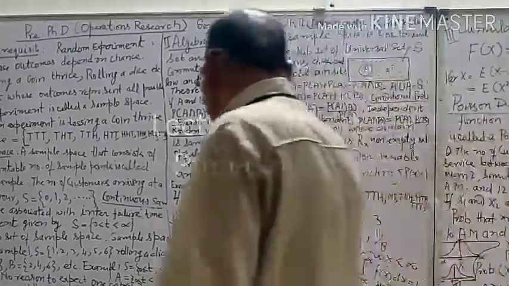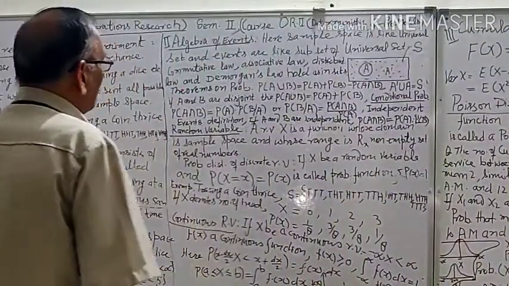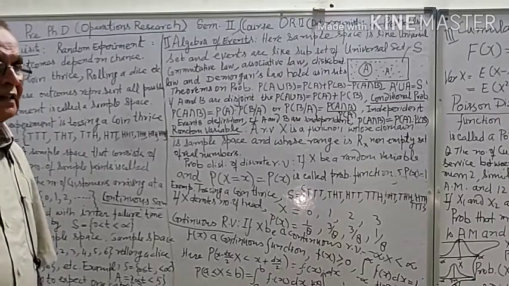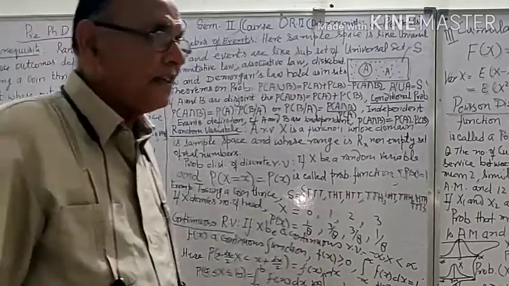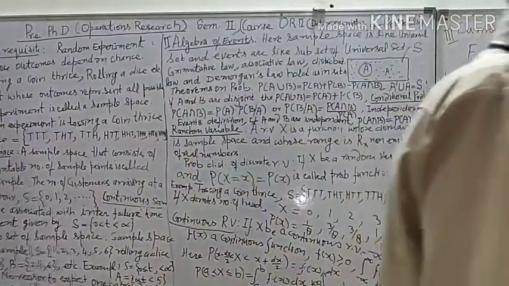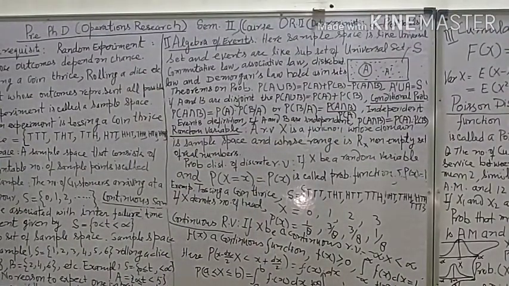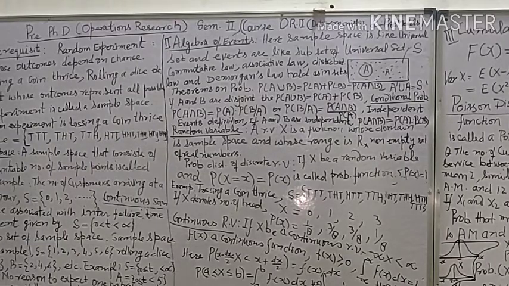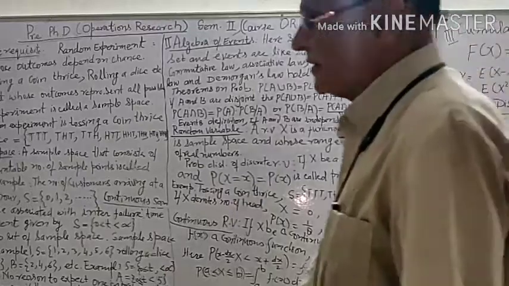We have algebra of events. What is there in algebra of events, as you have done in set theory? A universal set is there, and every set is a subset of the universal set.